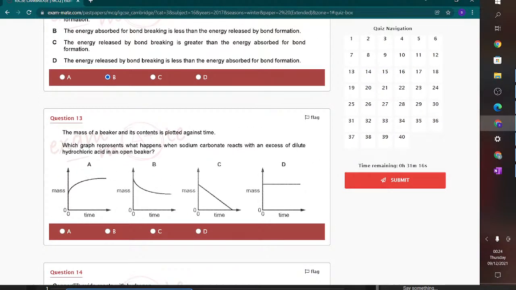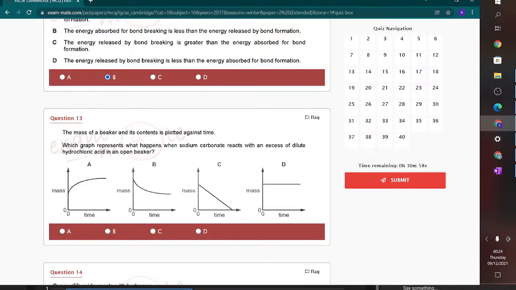The mass of the beaker and its contents is plotted against time. Which graph represents what happens when sodium carbonate reacts with excess of dilute hydrochloric acid in an open beaker? Okay, so there's excess of dilute hydrochloric acid and we have sodium carbonate.